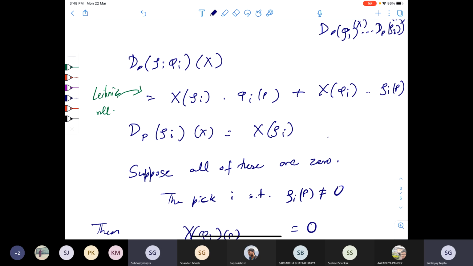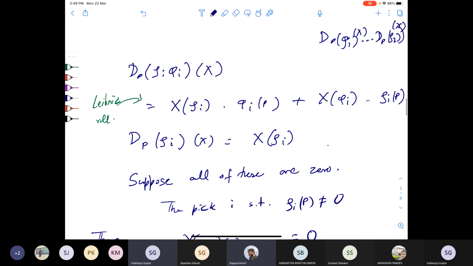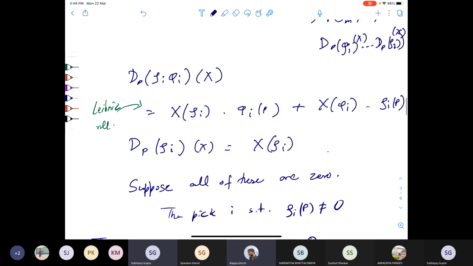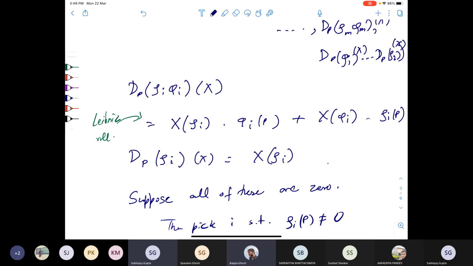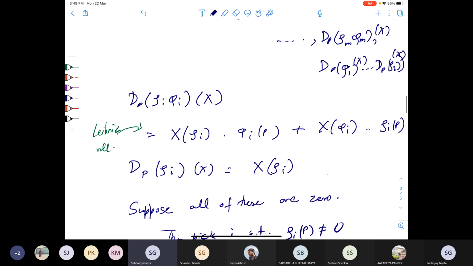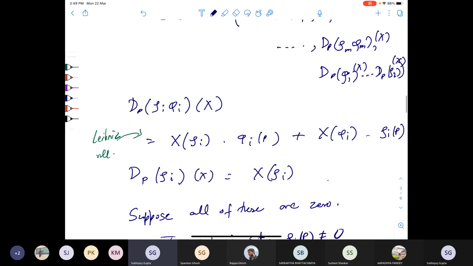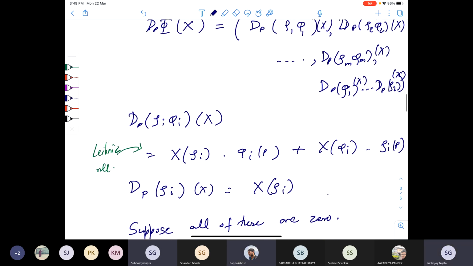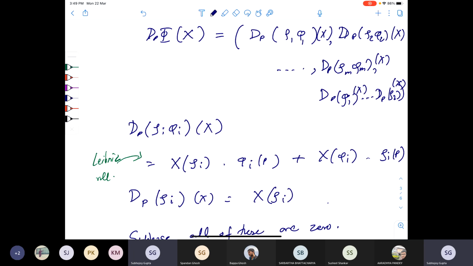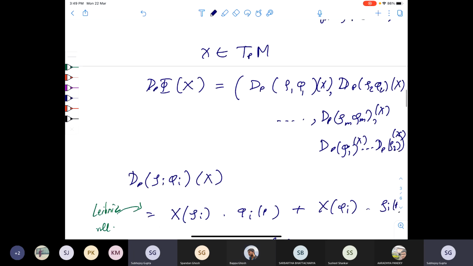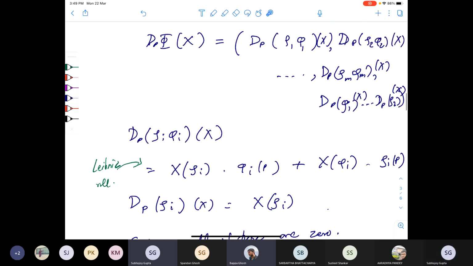Okay. So x of pi, what does it mean? It is a map from the manifold to Rn. Actually, it's a map on a chart. But x is a derivation. Remember, x is a derivation, right? So x acts on a real valued function, not a vector valued function.